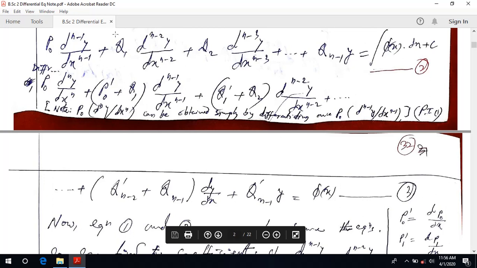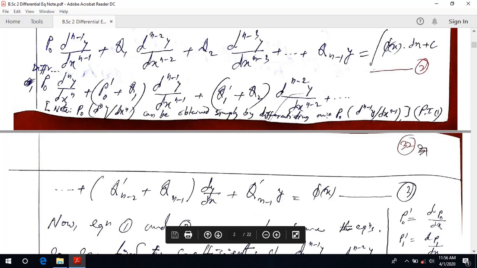Similarly, you use the chain rule to differentiate this term and all these terms. And finally, make a rearrangement by looking for the coefficients of d^n y by dx^n, d^(n-1) y by dx^(n-1), ..., dy by dx, and y.